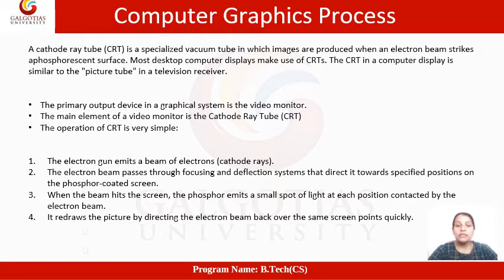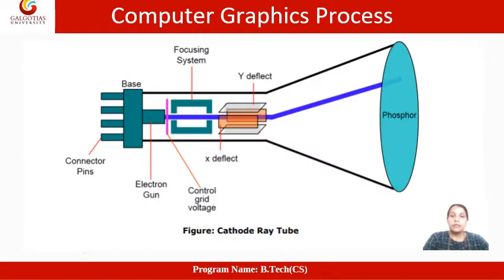When the beam hits the screen, the phosphor emits a small spot of light at each position contacted by the electron beam. It redraws the picture by directing the electron beam back over the same screen point quickly. So here are the pictures.